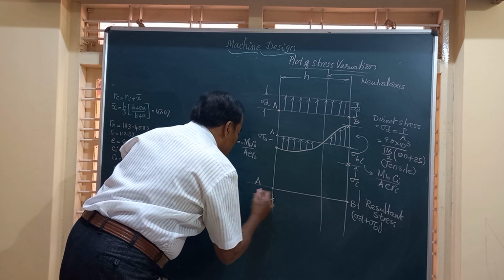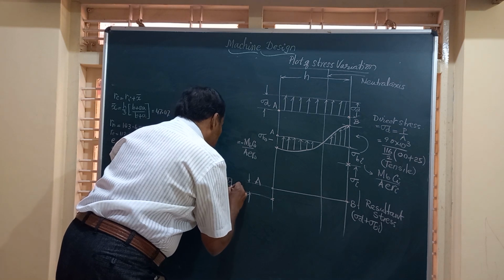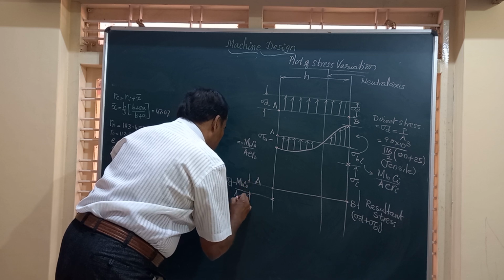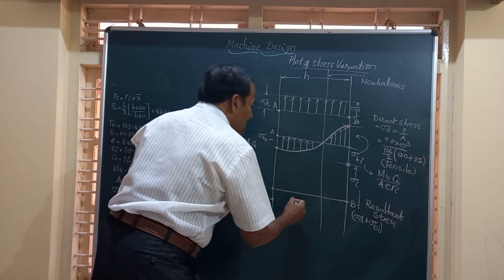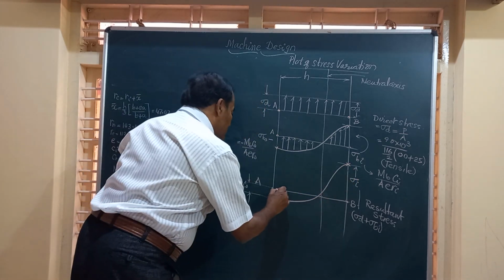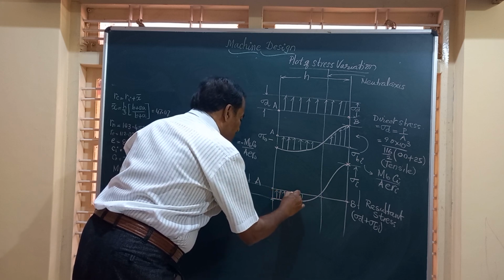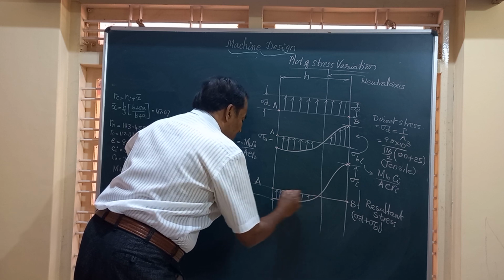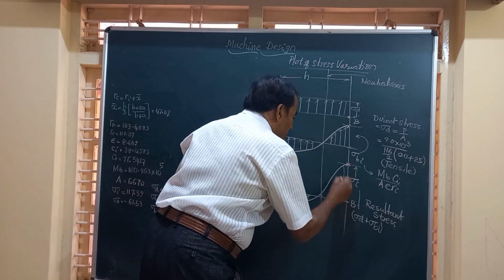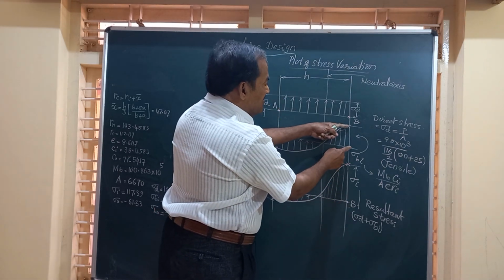Friends, and this value is going to be sigma d minus M b c naught by A e r naught. The magnitude you have to plot here. And again friends, draw a curve passing through this neutral axis. Show the direction of the compressive stress. The arrow should touch the reference line like what I have done here. This is the outer fiber, and the inner fiber is going to be tensile, and this height, the magnitude, is the sum of this plus this.